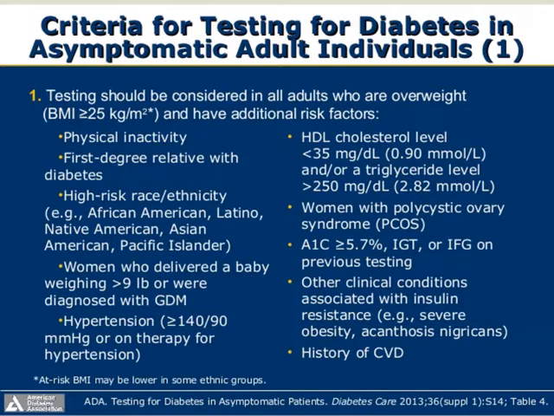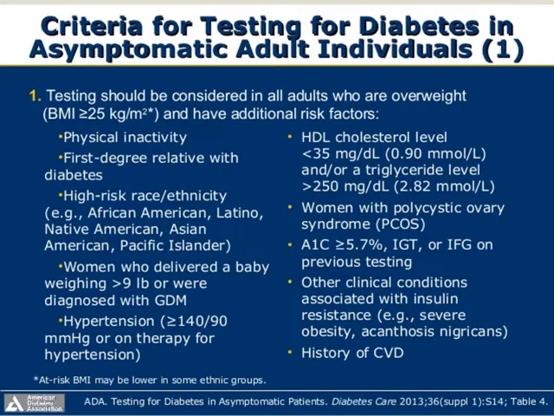If the body mass index of the patient is more than or equal to 25 kg per meter square, and there are additional risk factors like physical inactivity, a first degree relative with diabetes, or a high risk race like African American, Latino, Native American, or Asian American. Also any woman who delivered a baby weighing more than 4 kg or was diagnosed with gestational diabetes mellitus.